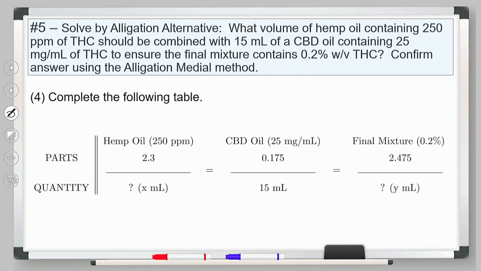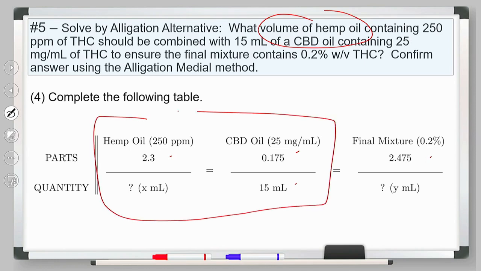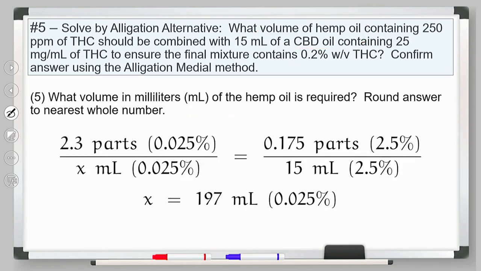Since we want to know the volume of the hemp oil, I would set that up as a proportion and simply take 15 times 0.175 divided by 2.3. That would solve for X, the volume of the hemp oil. If I do that, I got 197 milliliters. Okay. Any questions on that?